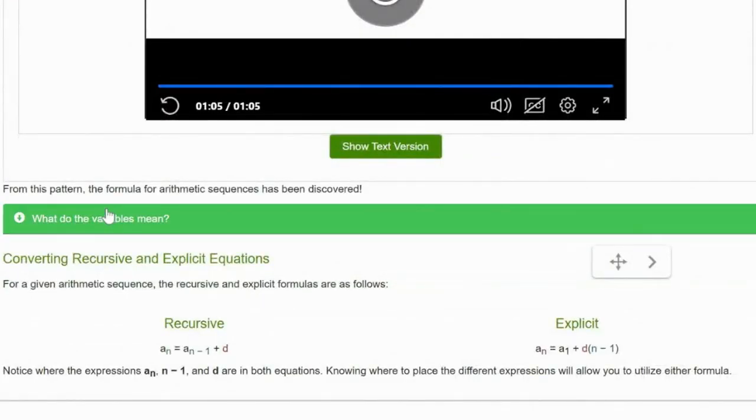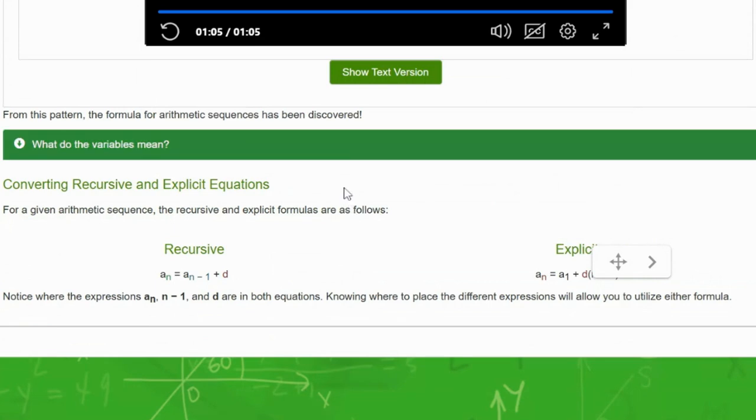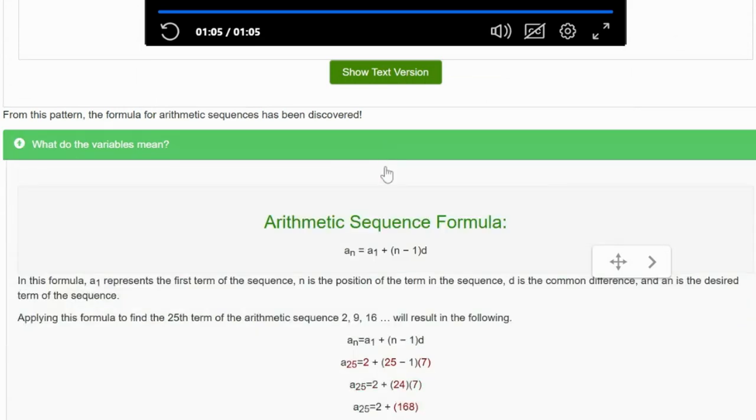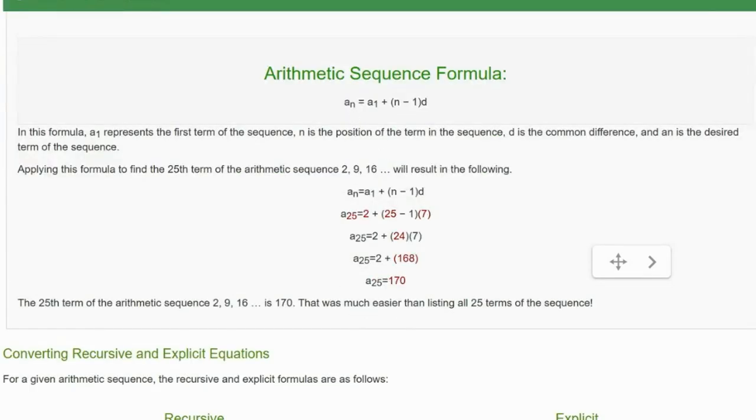From this pattern, the formula for arithmetic sequences has been discovered. And then they want to make sure you know a sub n, a sub 1, n minus 1, and d. What are all of those? A sub 1 is the first term. N is the position of the term in the sequence. D is the common difference. And a sub n is the desired term you're looking for.